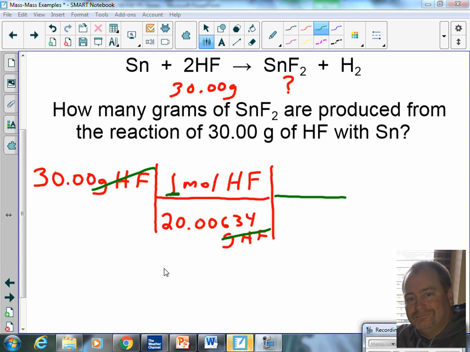My 6th step tells me to convert from moles of a known to moles of an unknown using the molar ratio. So this step, number 6, is where I use the balanced chemical equation. I have 2 moles of HF, and what is my unknown?